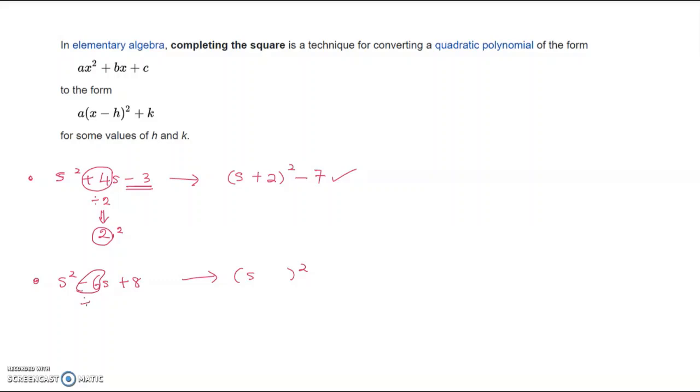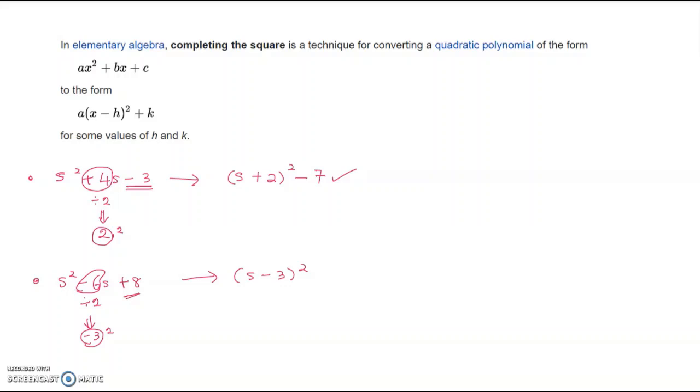You divide it by 2, so you get negative 3. Negative 3 means you have minus 3 here. Then this negative 3, you need to square this value, so you have 9.